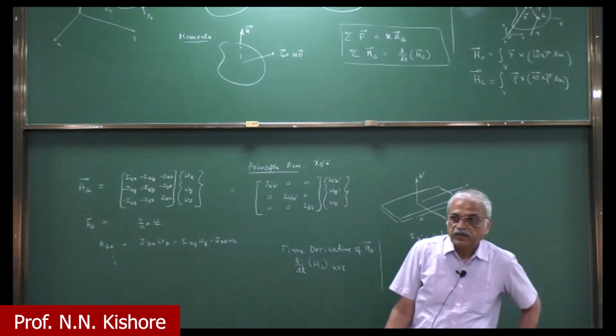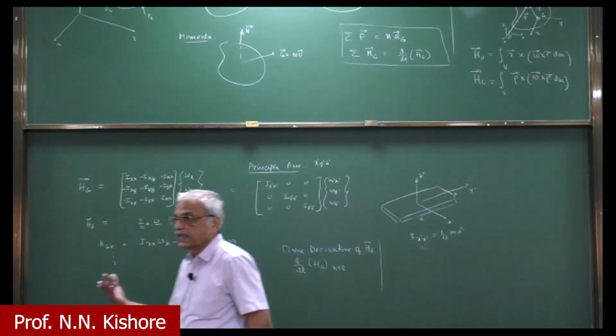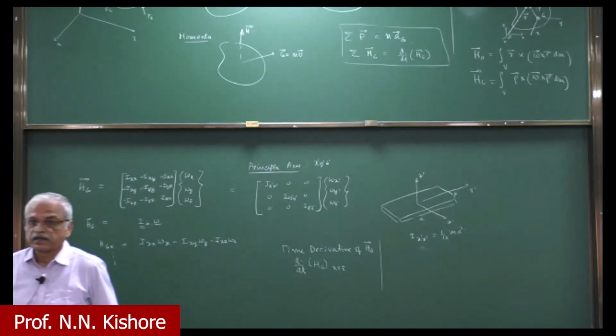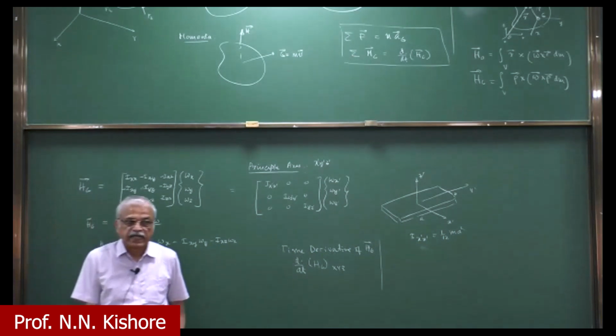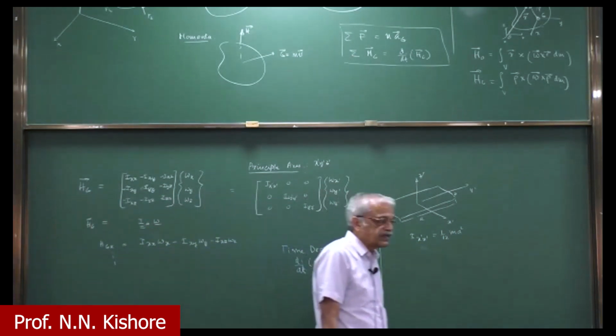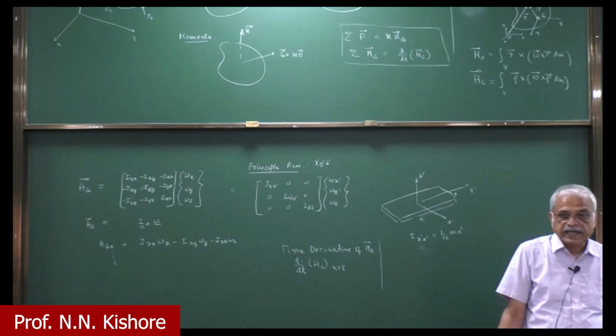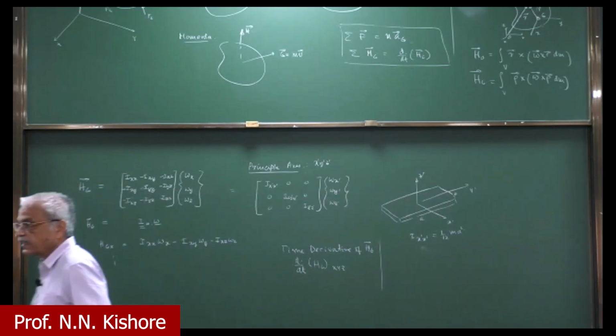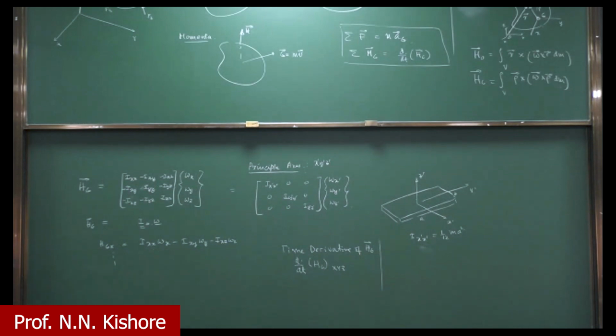So if you keep your x, y, z axis constant, and the body is rotating, then the inertia terms are functions of time, right? They are functions of orientation and they are functions of time. So that's a little bit difficult to handle. So we want to somehow choose another axis where these inertia terms will not change with time.